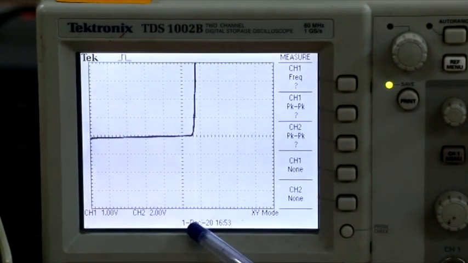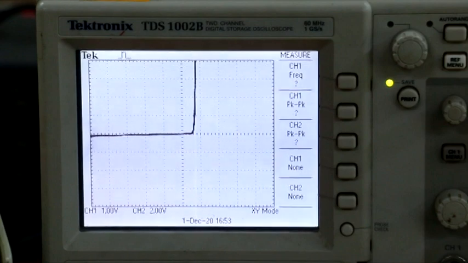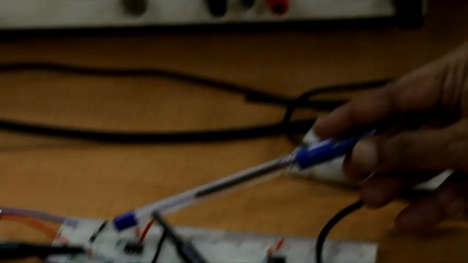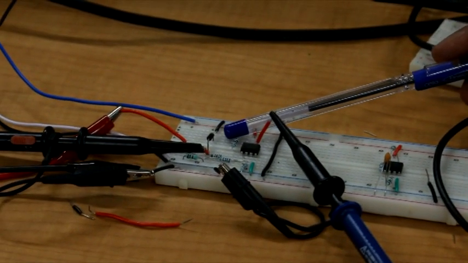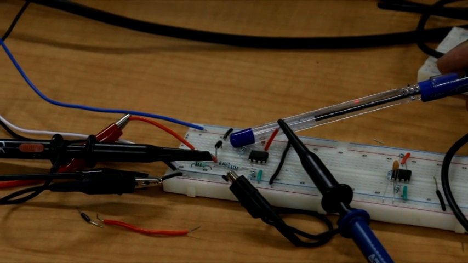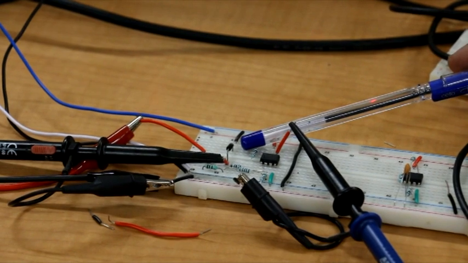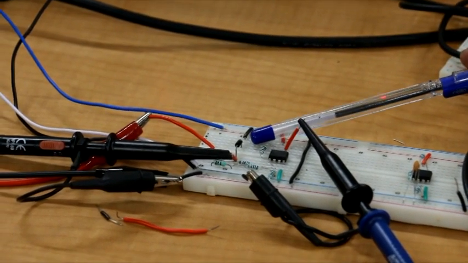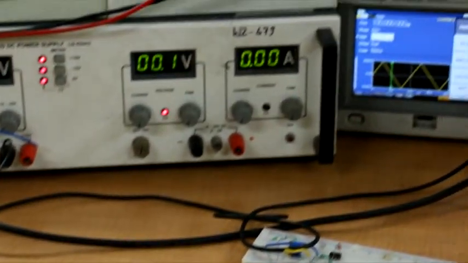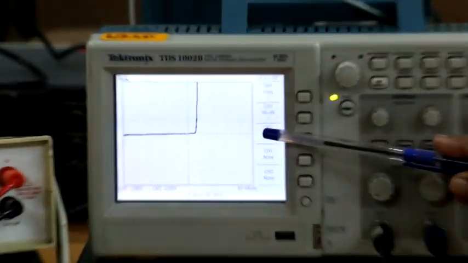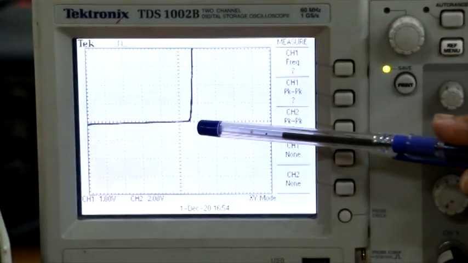So looking at this particular waveform here, I have connected a normal diode. You can see this is the same diode which we used in the lab for doing our DC power supply experiment. When you look at the DSO, you would see that first of all it is not conducting.